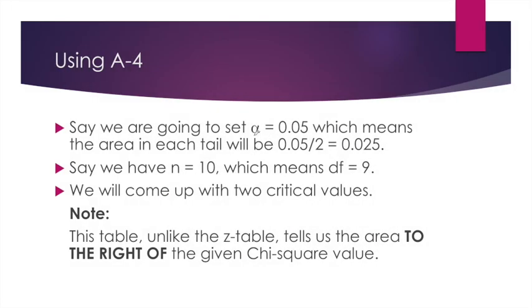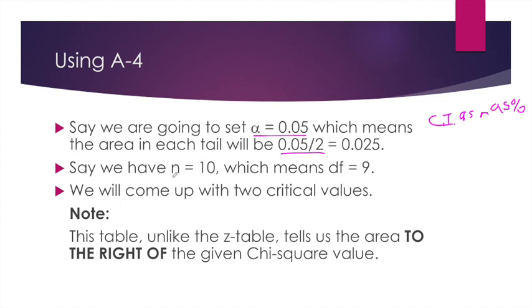So say we're going to set our alpha to be 0.05, right? That means we're creating a confidence interval of what size? 0.95 or 95%. Okay? That means the area in each tail will be 0.05 over 2, which is 0.025. Okay?